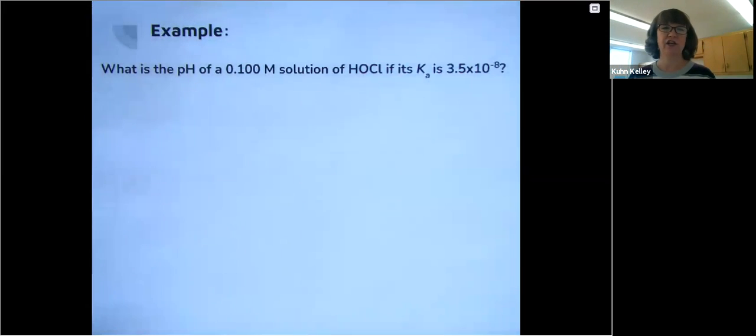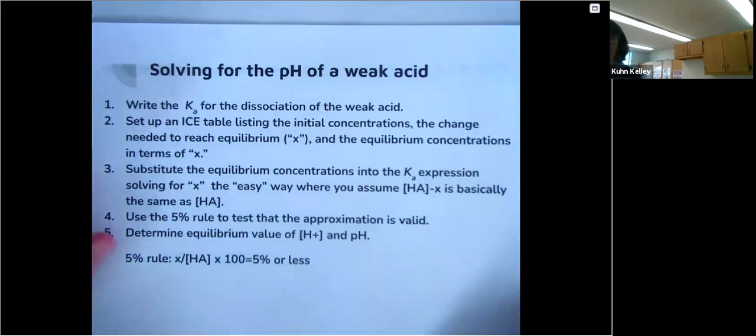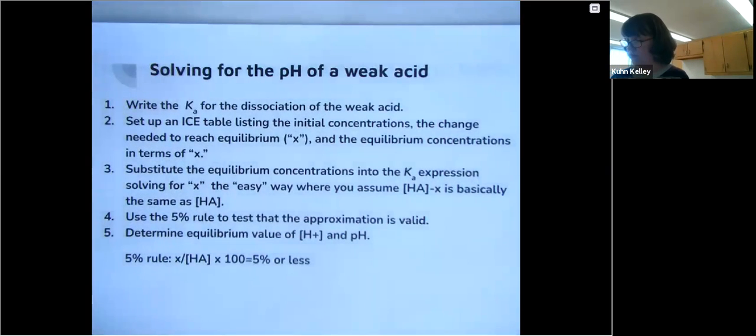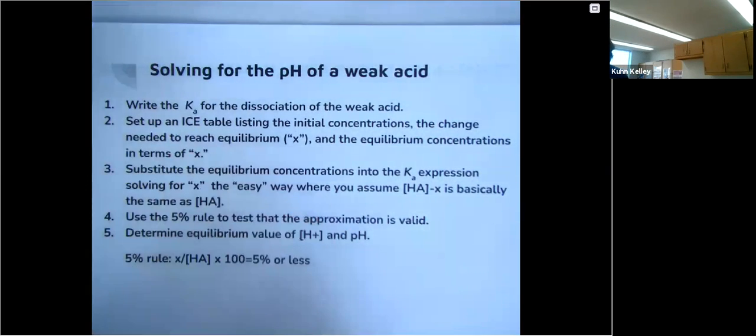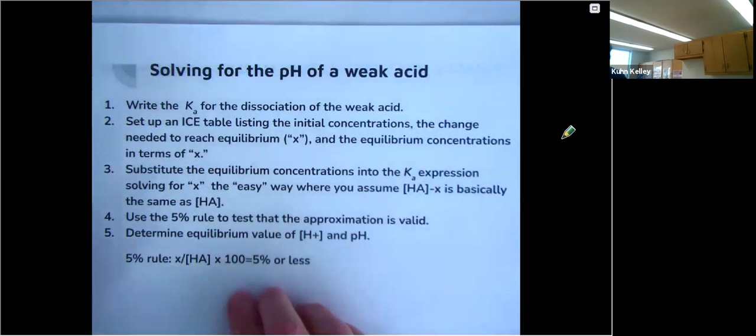What is the pH of a 1 molar solution of hypochlorous acid if its Ka is 3.5 times 10 to the negative 8th? Well, just like we do in any equilibrium reaction, we want to start by writing our equilibrium expression based on the dissociation of the weak acid.